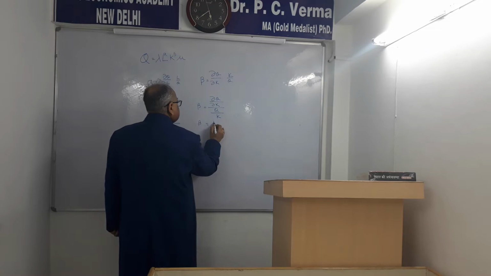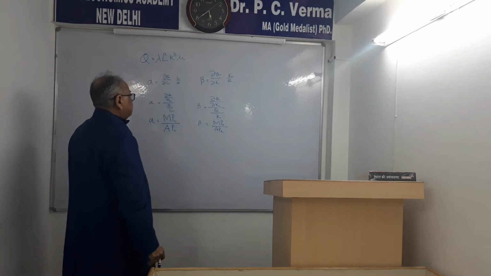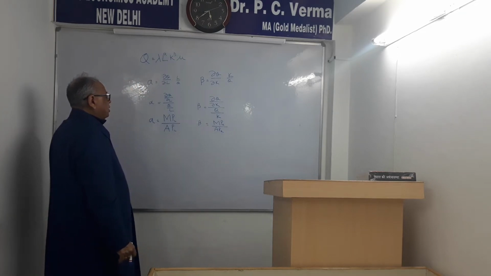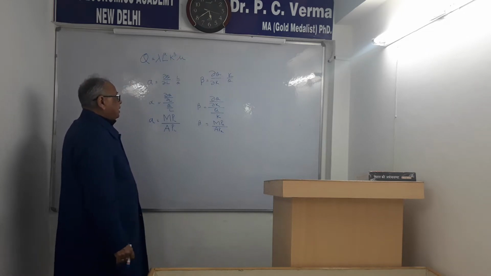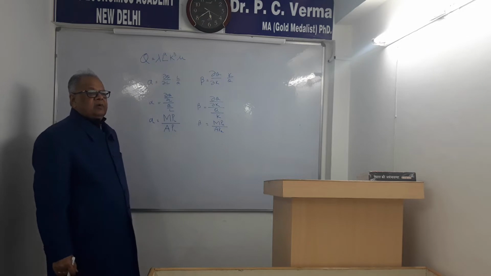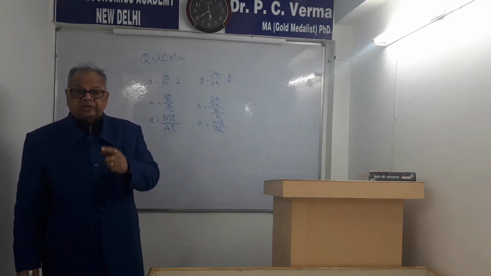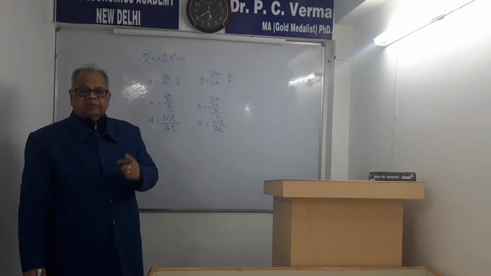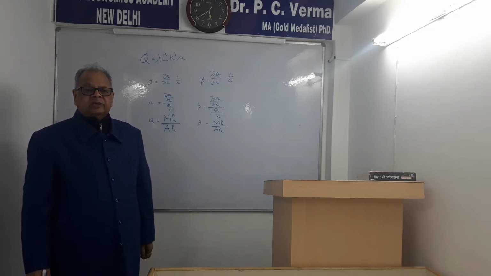Convert into economics: marginal productivity of capital, and this is average productivity of capital. So alpha and beta are elasticity of labor and capital. In fact, alpha represents share of labor in total production. Beta represents share of capital in total production.